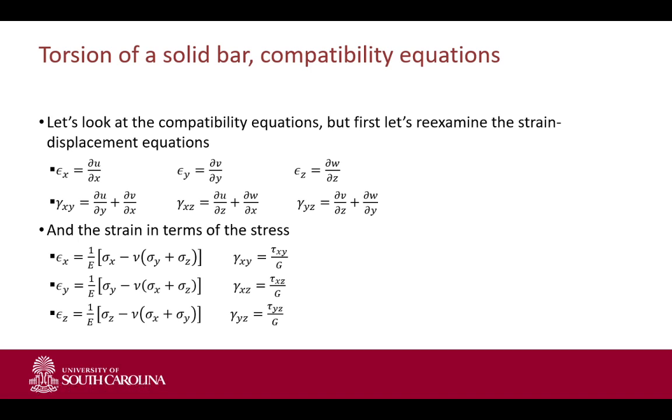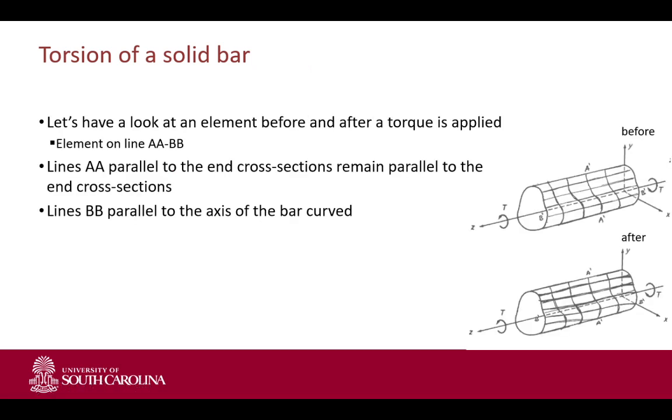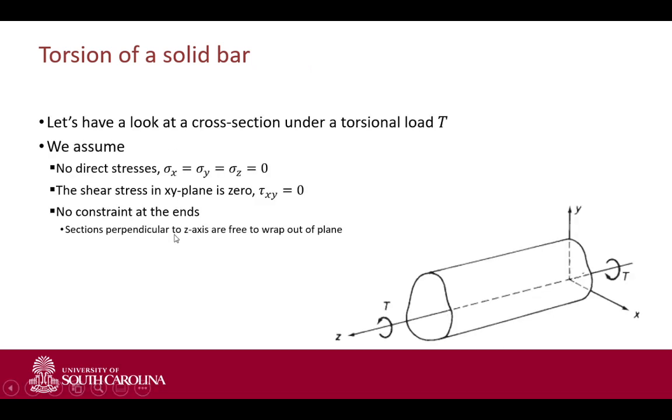So similarly to what we did before, we said we have a pure torsion case, so we don't have any direct stresses, so we can ignore terms like sigma x, sigma y, and sigma z. And we also don't have tau xy. That was another condition that we started off with: shear stress in the xy plane is equal to 0.